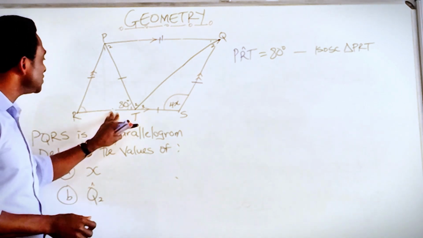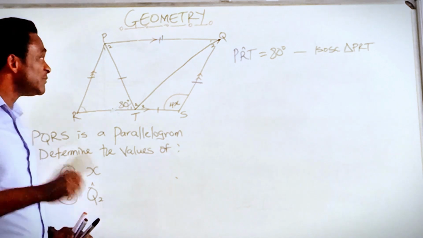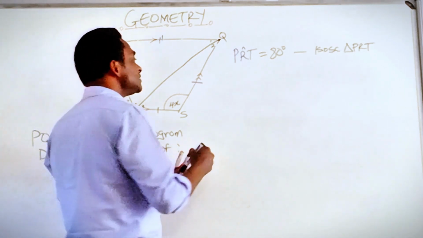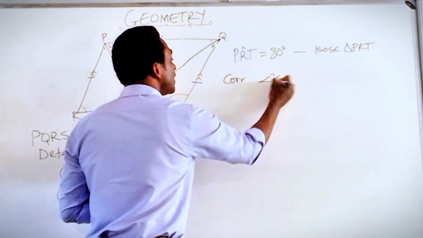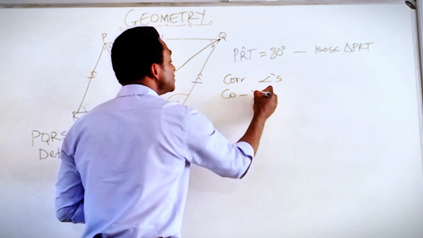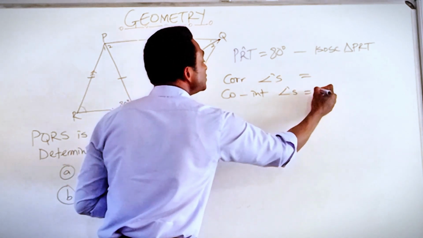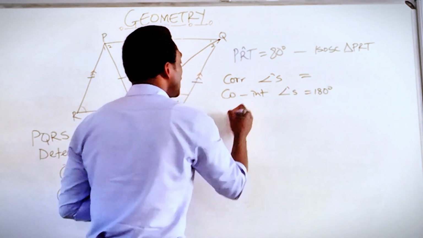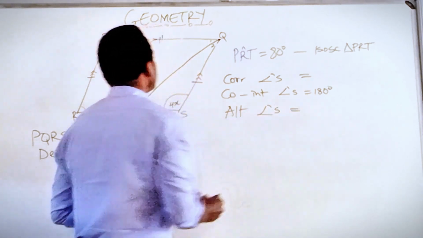We can start pushing here, but we have a property of parallel lines. Remember, for parallel lines, we are looking at three things. We're looking at corresponding angles, which are equal; co-interior angles, which sum up to 180; and alternate angles, which are equal.